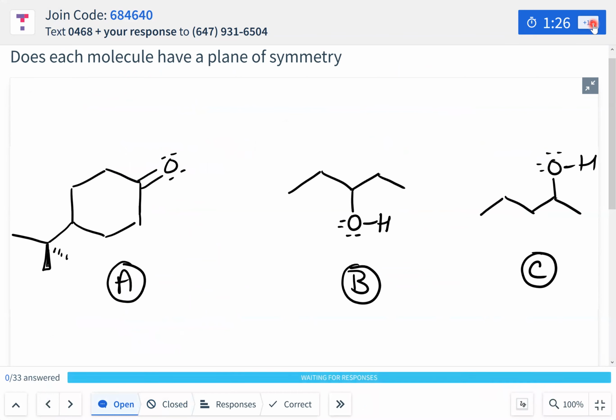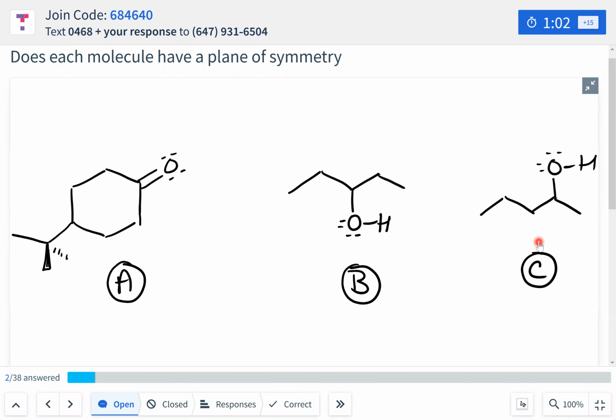I haven't drawn, with the exception of molecule A here, where I've drawn some wedges, any wedges or dashed lines in any of these. Because remember, if something could be chiral, there'll be 2 different enantiomers of it, at least.